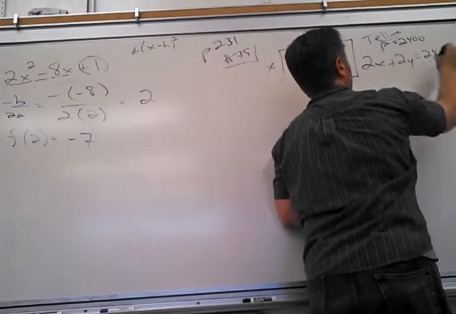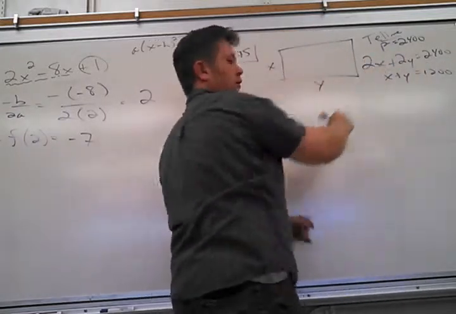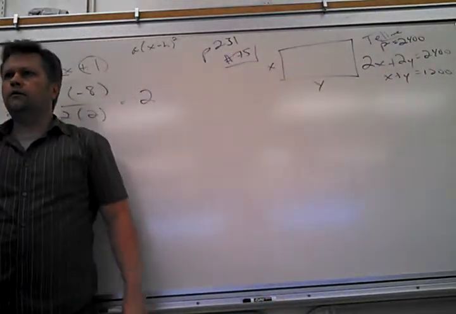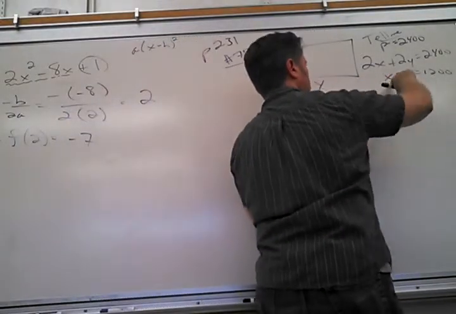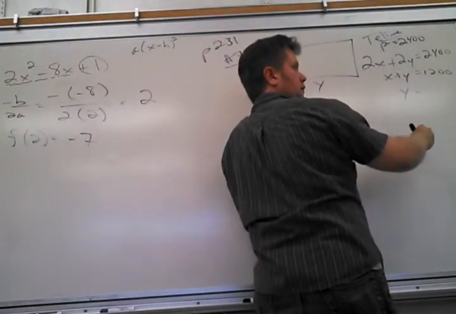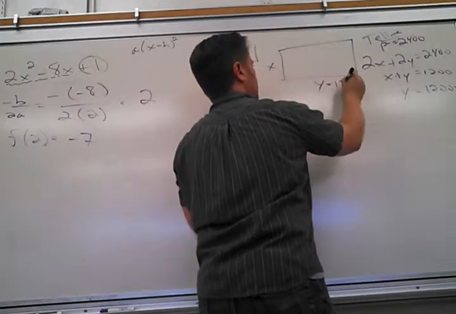If I cut everything in half, that's x plus y equals 1200. That's equivalent to going halfway. And then, of course, you just say y equals 1200 minus x. That's where they got this.